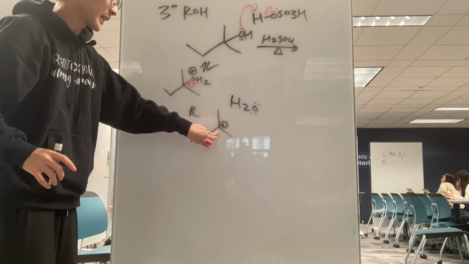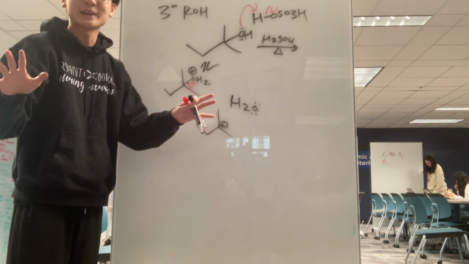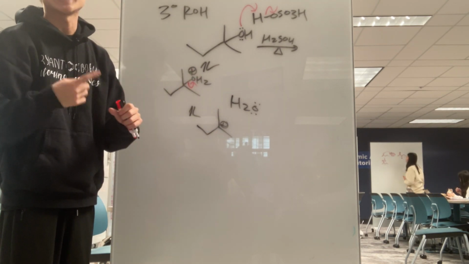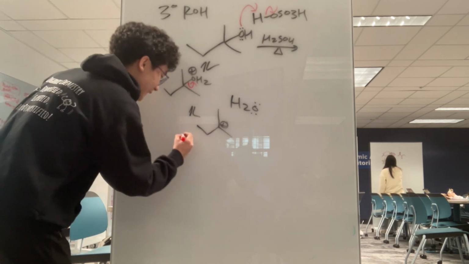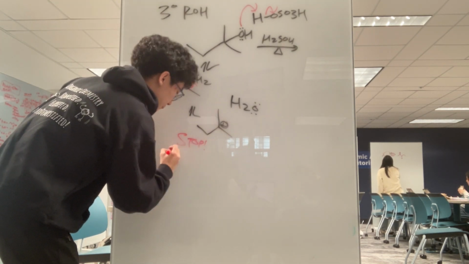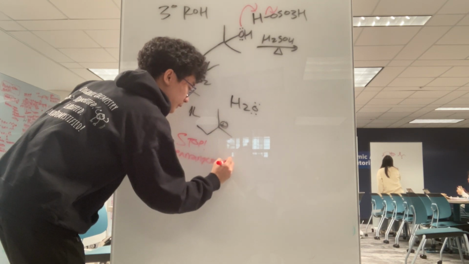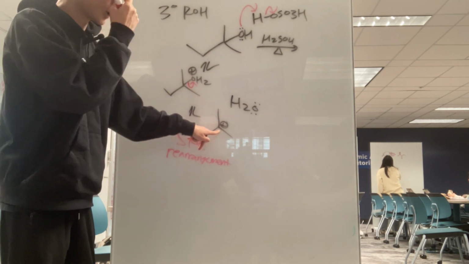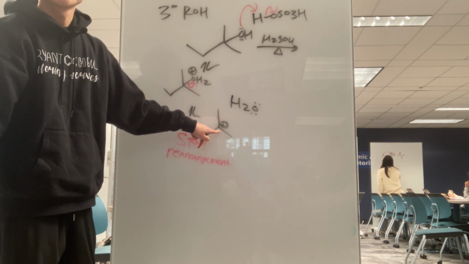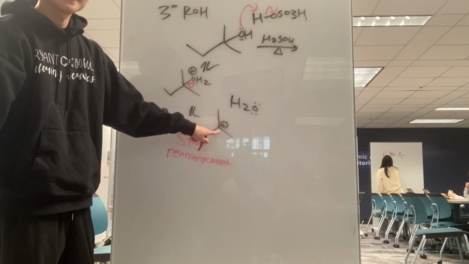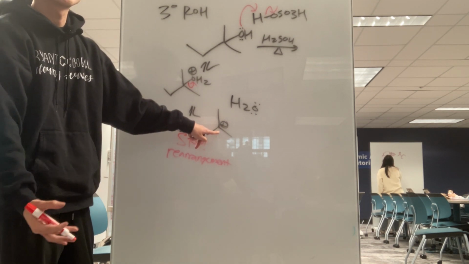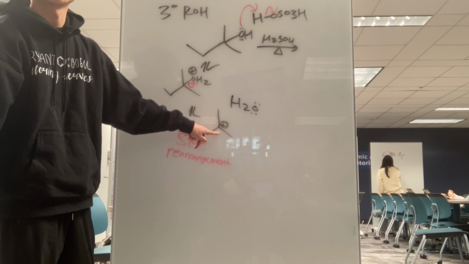And whenever you form this carbocation intermediate, you always have to stop and watch out for any rearrangement step, like a hydride shift or methyl shift. See if you could make that carbocation more stable or not. Is it already at its most stable position, or can we move it somewhere to become more stable?